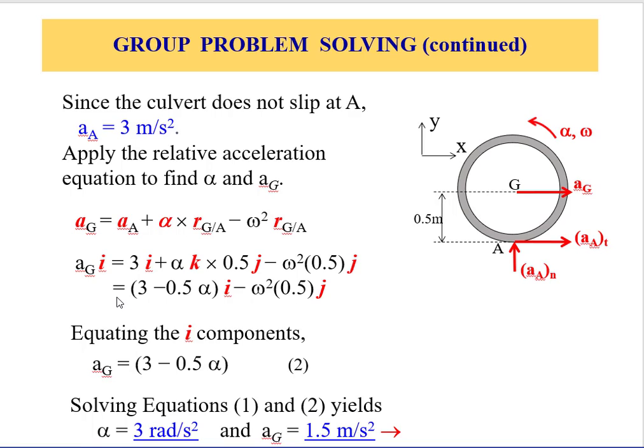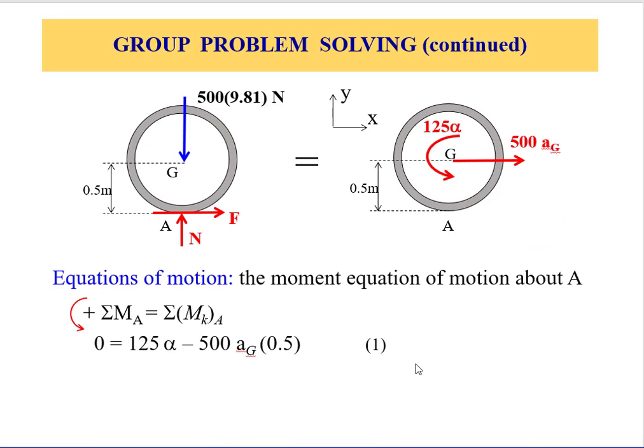It does experience acceleration because 3 minus 0.5 alpha is going to be equal to AG. That gives us another equation, which, solved together with the first equation, is going to provide the solution for alpha and AG.